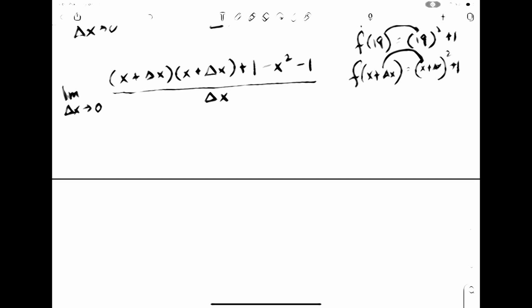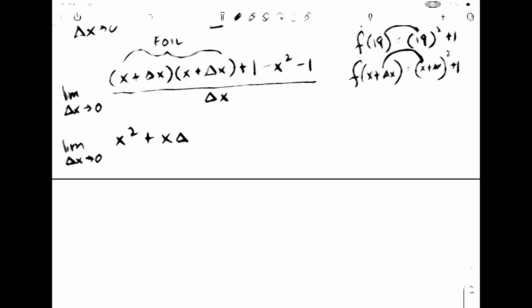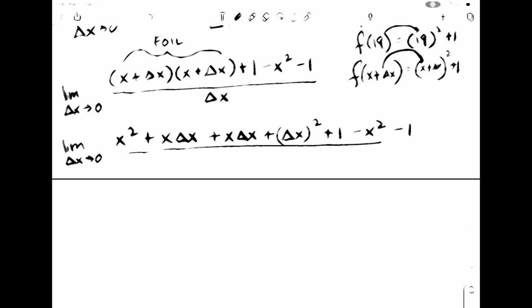This part of this equation is what I'm going to FOIL. I'm going to FOIL this out. So I get the limit as delta x goes to 0 of x squared plus inner x delta x, outer plus x delta x, last plus delta x, the whole thing squared, plus 1 minus x squared minus 1, all divided by delta x.